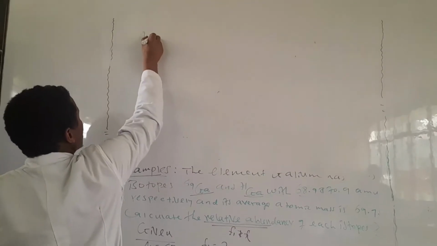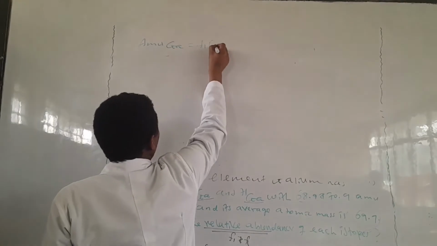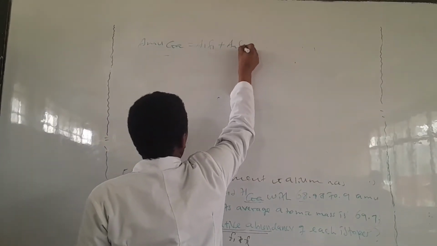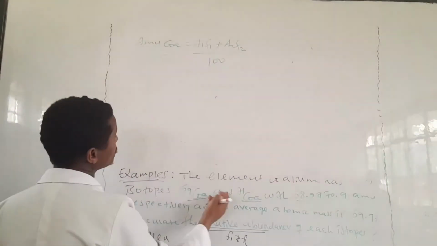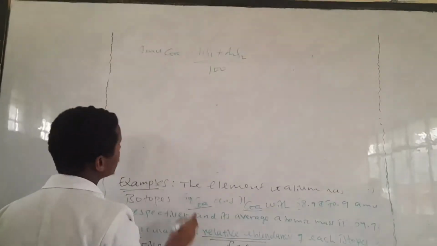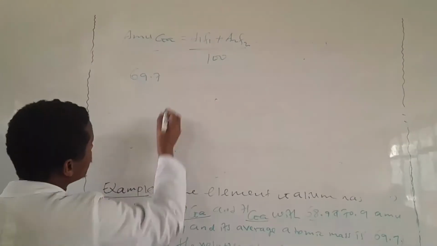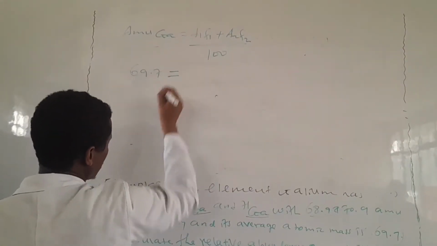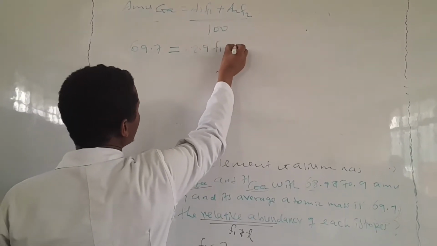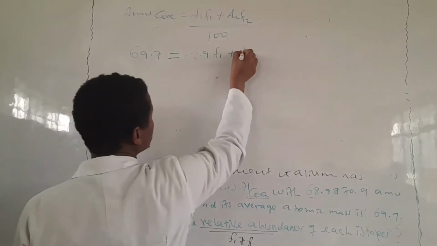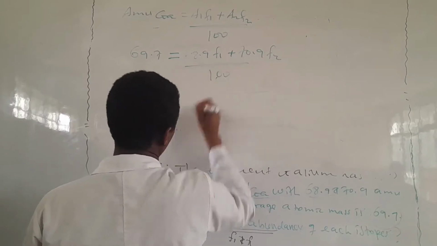Atomic mass unit of gallium is equal to A1 F1 plus A2 F2 per 100. There are two isotopes, so you can use this formula. Then substitute: atomic mass of gallium 69.7 equals A1, which is given 68.9, times F1 plus A2, given 70.9, F2 over 100.